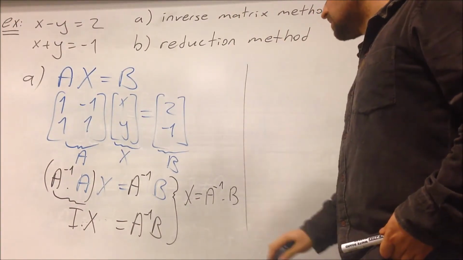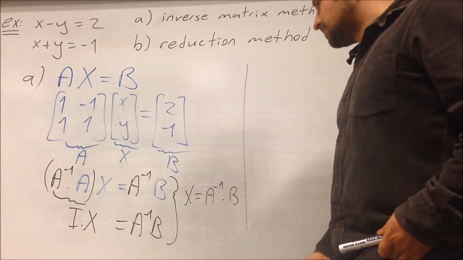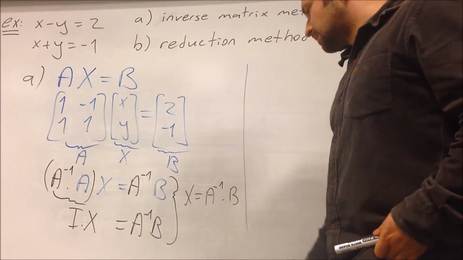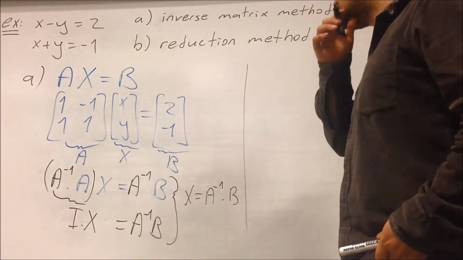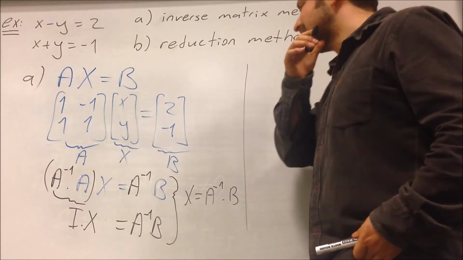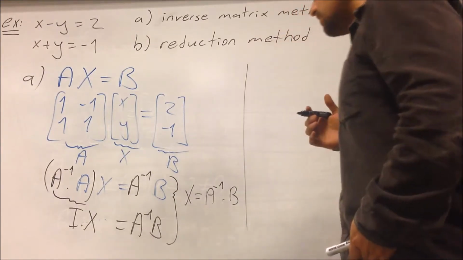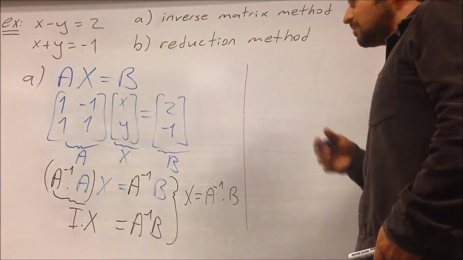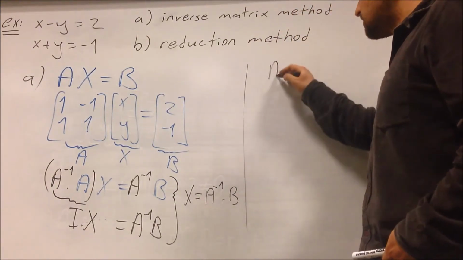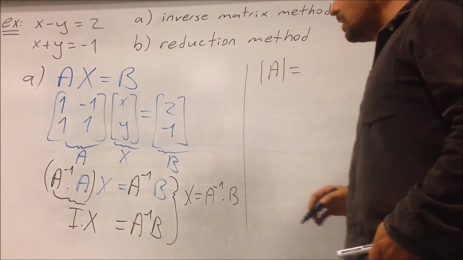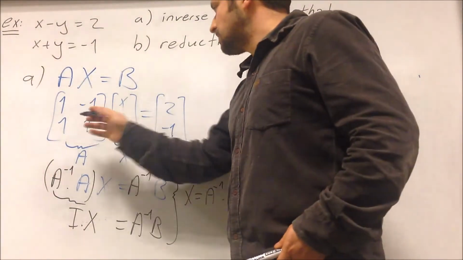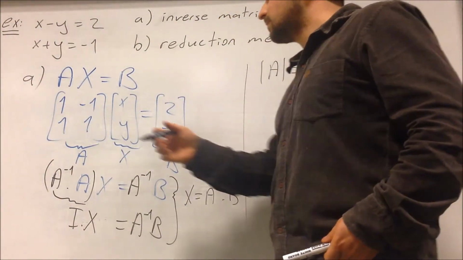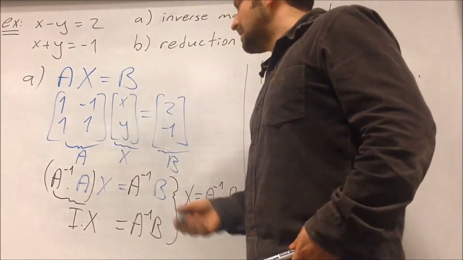The question is how to determine A inverse, and first of all, how do we know it exists? It's better to check whether the inverse exists before trying to obtain it. Check the determinant. The determinant of A will be, I'm not going to cover it in detail, but for 2 by 2 matrices it should be easy.